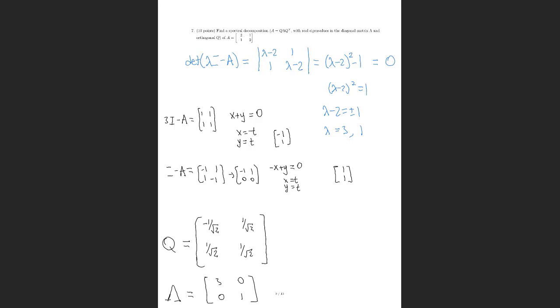And then with that, Q times lambda times Q transpose would give you the spectral decomposition of A, okay? All right, any questions about that?